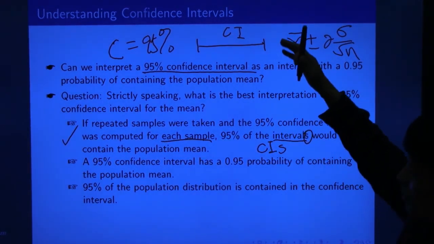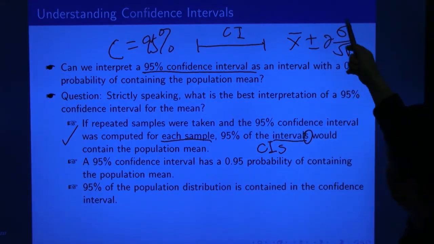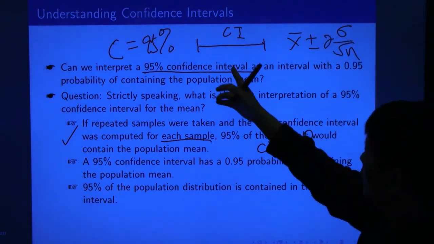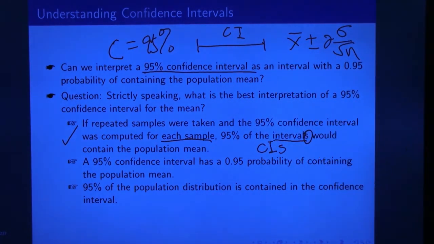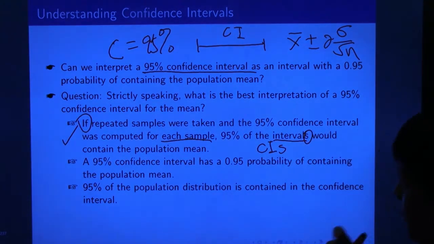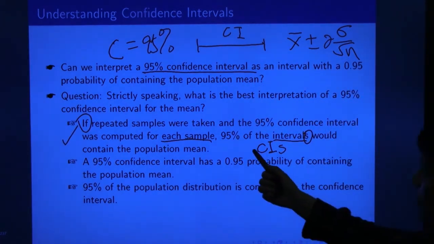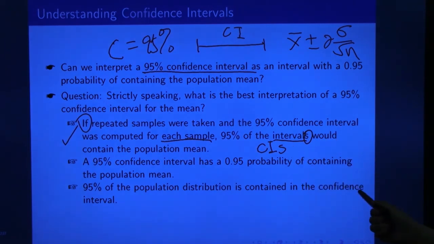If we repeat many more random samples, we use the same method to calculate a lot of confidence intervals. For each sample, we have one confidence interval. Then 95% of these confidence intervals will contain the real population mean.